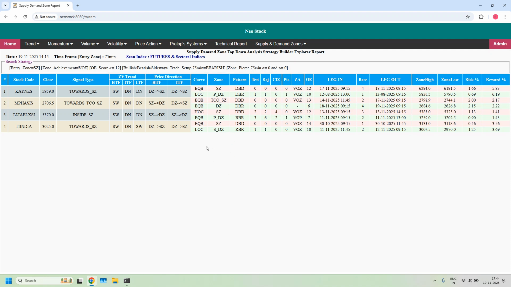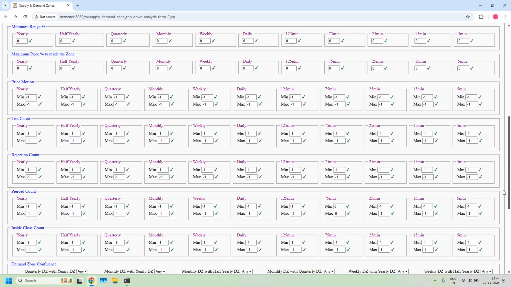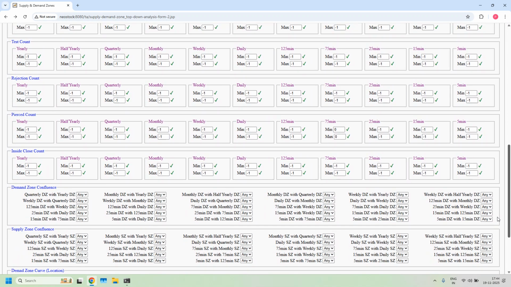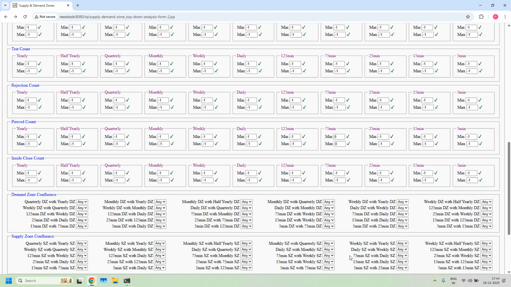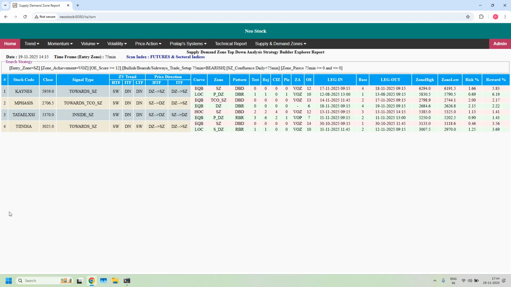Let's identify high probability trade setup 75 minutes supply zones based on the 2 strategies you learned in lesson 27. First strategy, first step, LTF and ITF supply zone confluence, that is 75 minutes and daily supply zone confluence. We got all the 4 stocks. In all the 4 stocks, all these 75 minutes supply zones are overlapped with the daily supply zone.